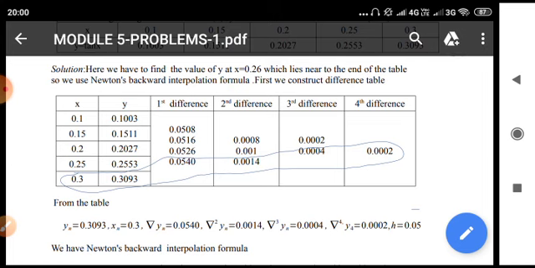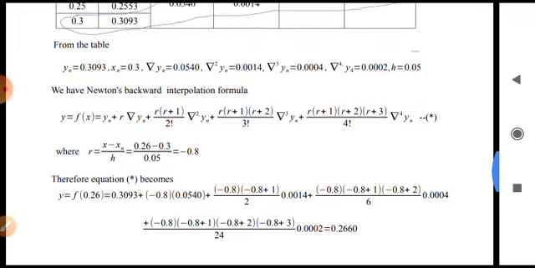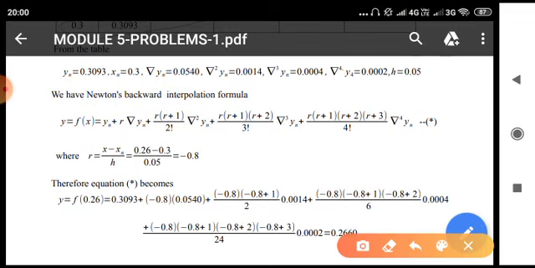So 0.15 minus 0.1 comes out to be 0.05. So r value is 0.26 minus 0.3 divided by 0.05, which is minus 0.8.